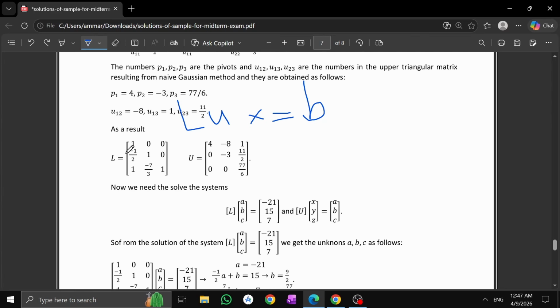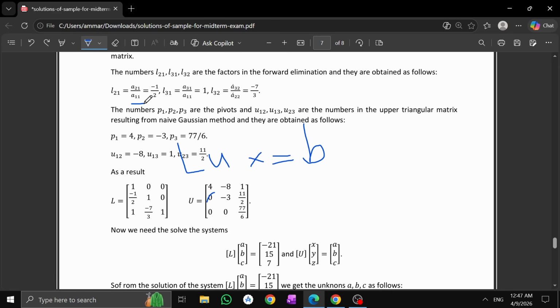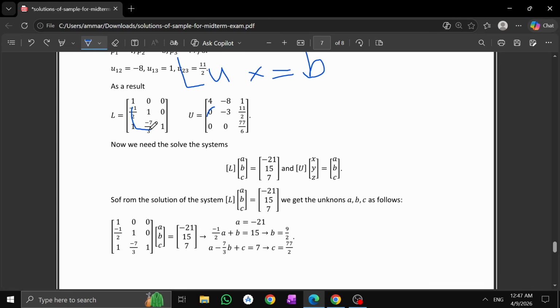Now you put the multiplier of each one, the multipliers for each one, down, and you add ones in the diagonal and zeros on the top, and bam, you got the L.